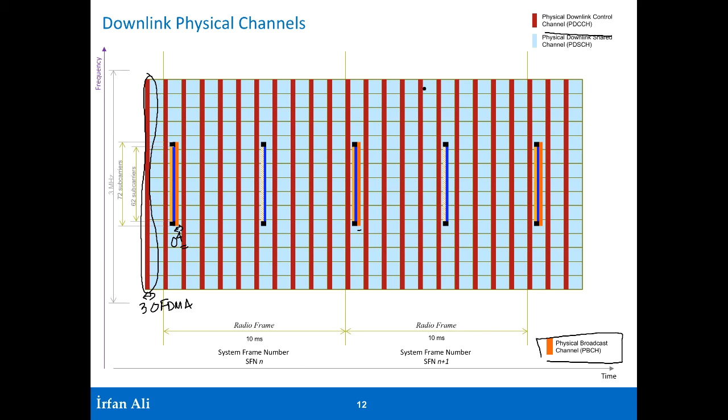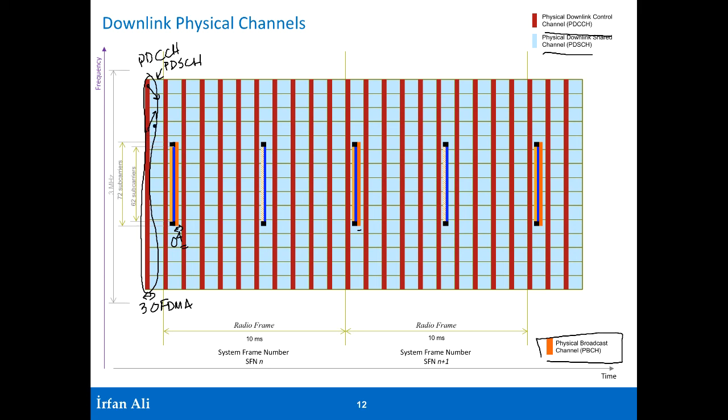And what is in the remaining blue parts of the subframe is called the PDSCH, or the physical downlink shared channel. So this blue part is the PDSCH, which contains all the information that the mobile needs from the network, and the physical downlink control channel, PDCCH, is actually a map that tells the mobile where the information is, a pointer to where the information is, and for whom this information is destined.